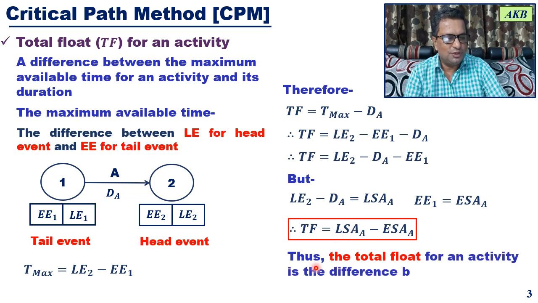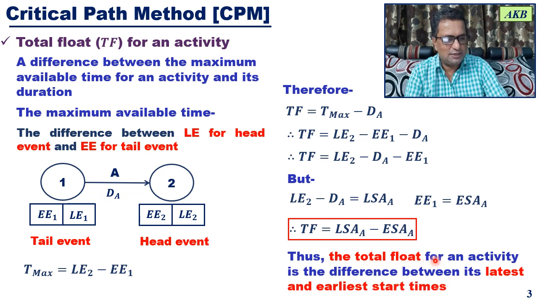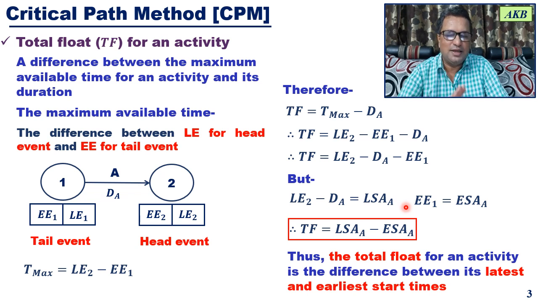So from this equation, what I can say is that the total float for an activity is the difference between its latest start time and earliest start time. A simple other way of understanding total float. So on this particular slide, we have understood what is total float for an activity.